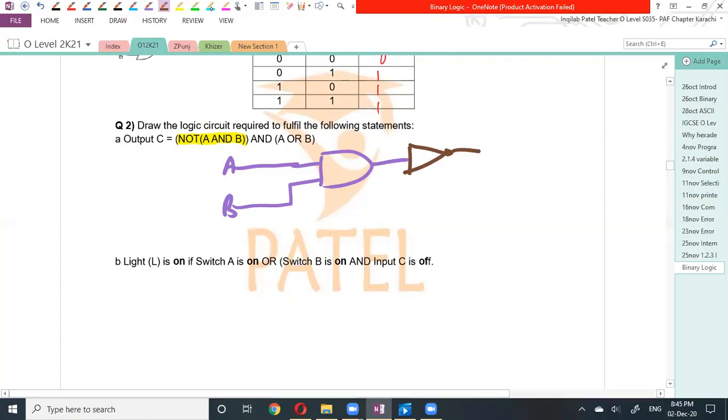Then A or B. And then both of them are combined together using an AND gate. This will be X.